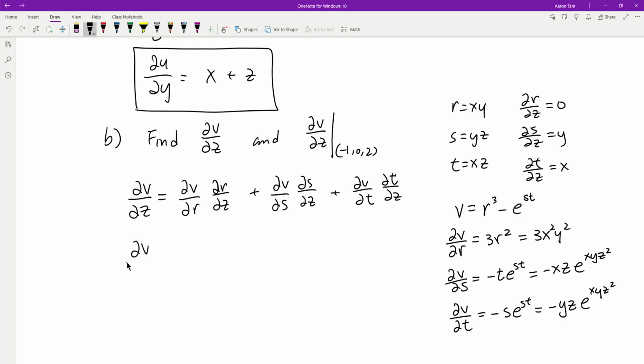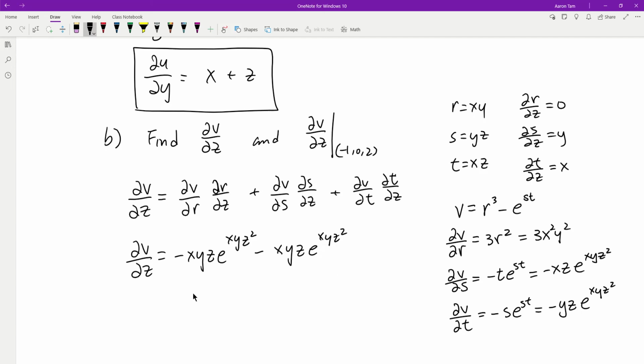So therefore, dv over dz would equal dv over dr times dr over dz, but dr over dz is 0, so that goes away. Then dv over ds, which is negative xz e to the xyz squared, multiplied by ds over dz, which is y, becomes negative xyz e to the xyz squared, plus dv over dt, which is negative yz e to the xyz squared, times dt over dz, which is x, so it becomes minus xyz e to the xyz squared.